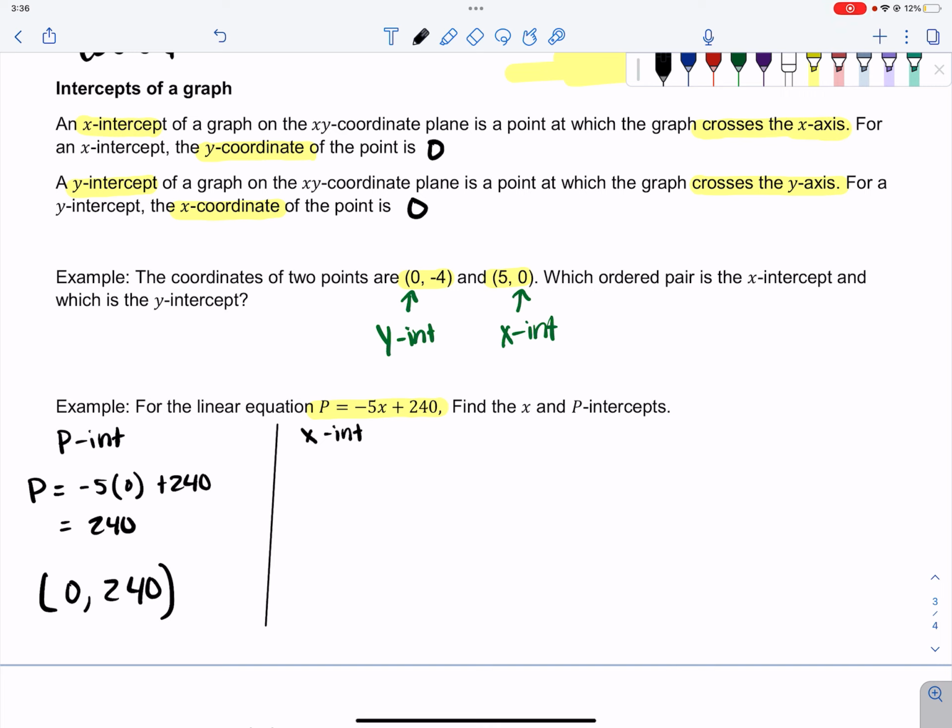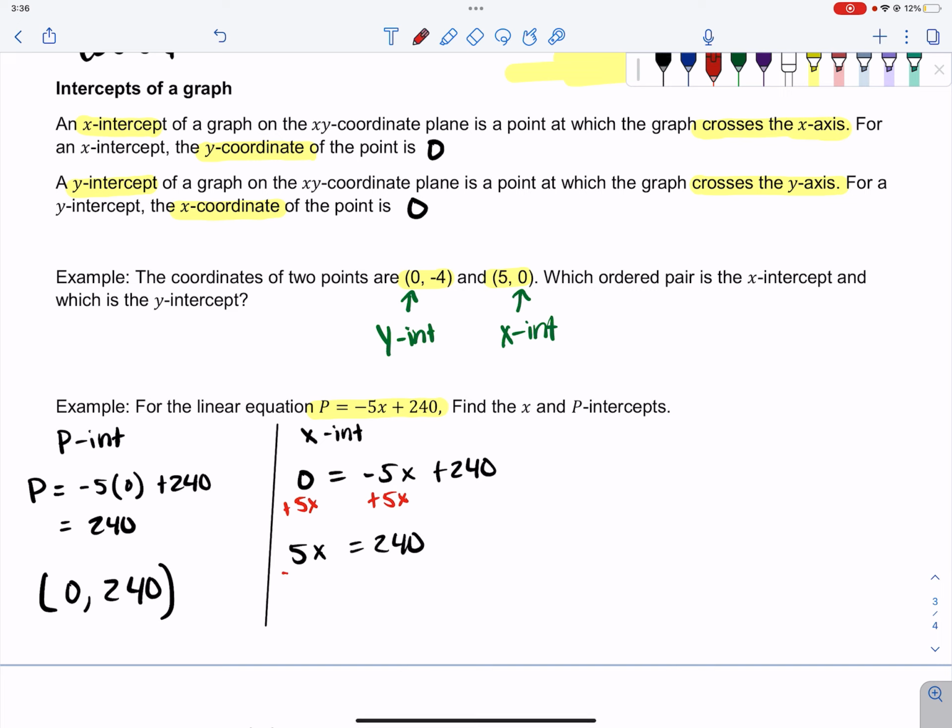For the x-intercept, I want to replace p with 0 and solve for x. So we have 0 = -5x + 240. I'm going to add 5x to the other side so I don't have negatives anymore. This gives us 5x = 240.